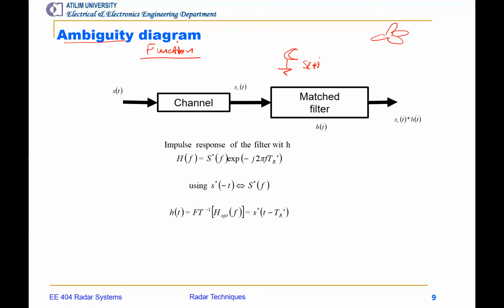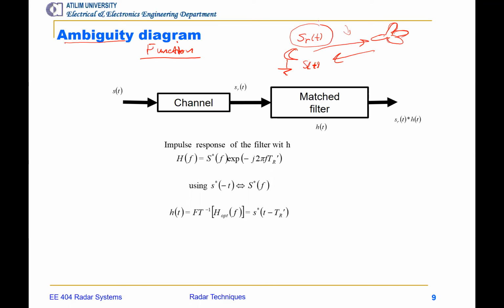Then we get an echo signal, let's say r of t. Due to the perturbation from the channel, the medium, and interaction with the target, the received echo could be quite different from what we transmitted.